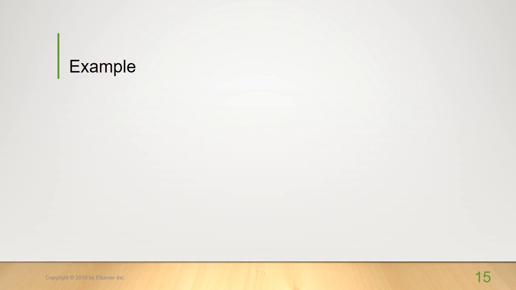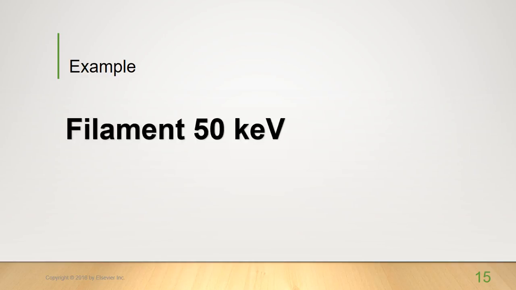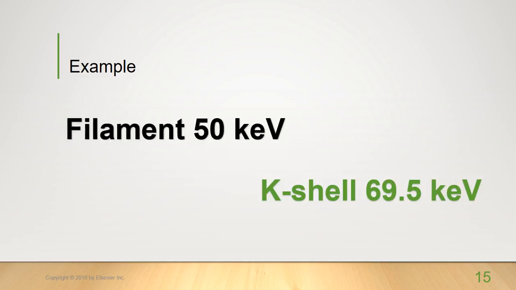So let's pretend our filament threw us a 50 keV electron. And it interacts. So the filament has 50, and then it strikes tungsten, which has 69.5. Well, I just said the filament must have energy equal to or greater than the binding energy.